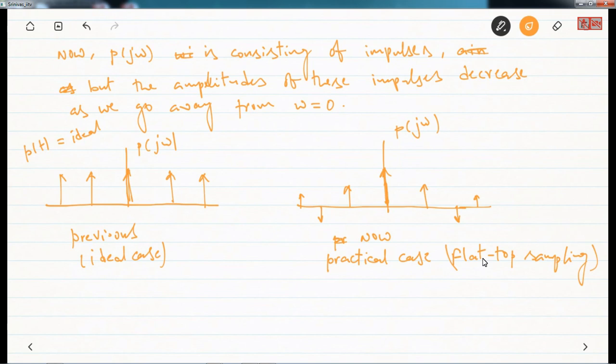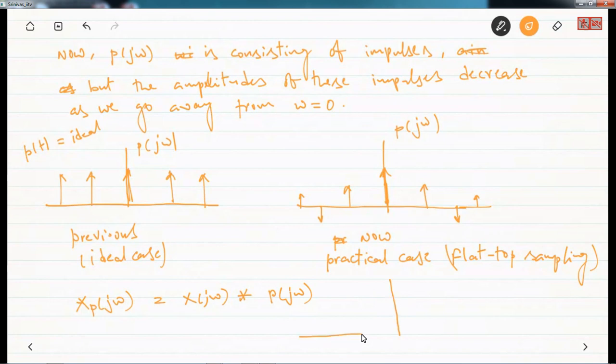Now you have to convolve this P of j omega with x of j omega, and when you convolve, you apply again the same property. So now recall that xp of j omega is x of j omega convolved with P of j omega, right? When you convolve, what will you get?